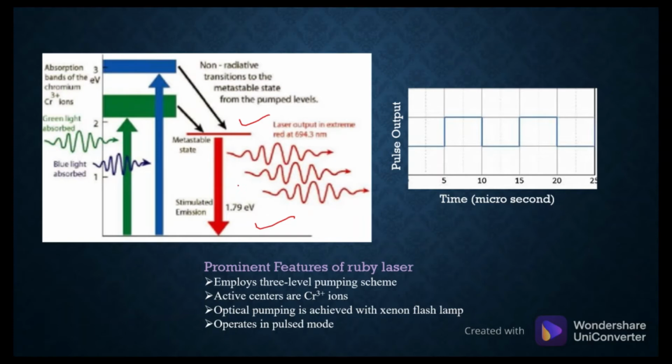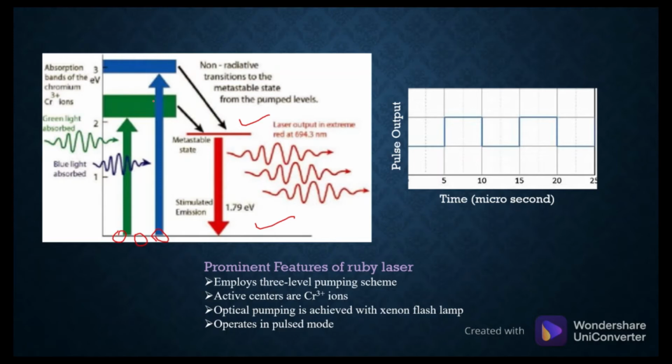So the generation of laser will stop for some time. Again, what should be done? The flash lamp should be switched on, so that the atoms in the ground level will move to the E3 and E3 dash levels by absorption of blue and green radiations, and then they will come down to the metastable state through the non-radiative transition process.